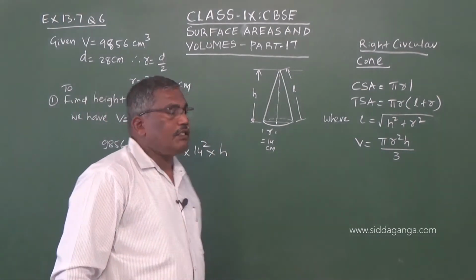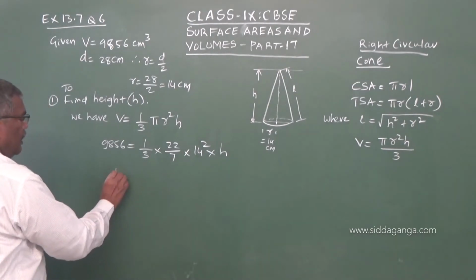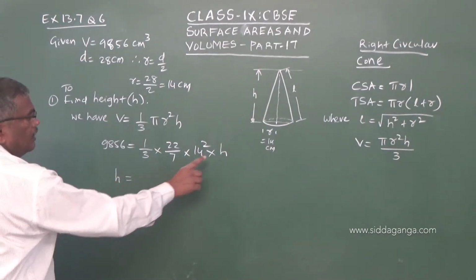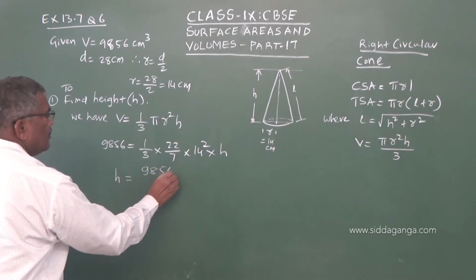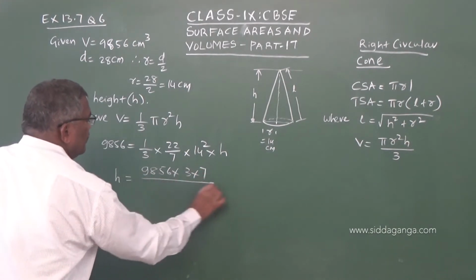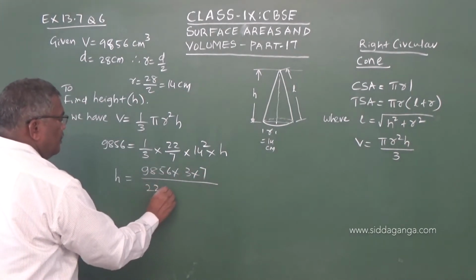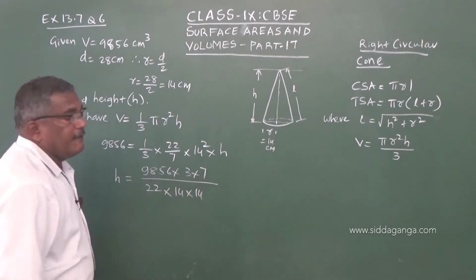So now you simplify this. So we will get h equal to 9856 into 3 into 7 divided by 22 into 14 into 14.